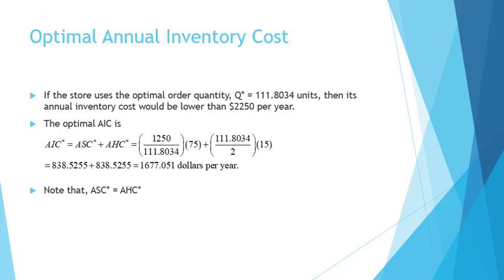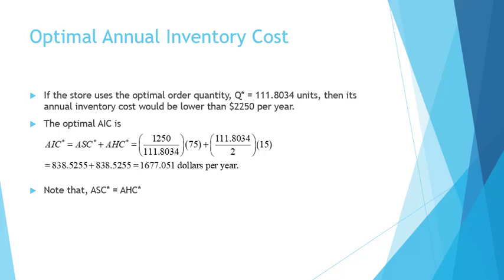And it turns out that the optimal annual inventory cost will be $1,677.051 per year.